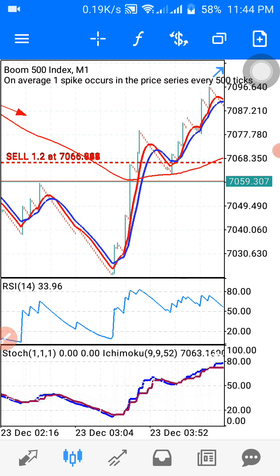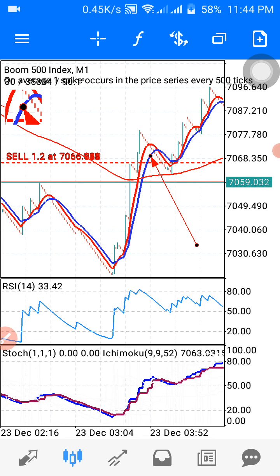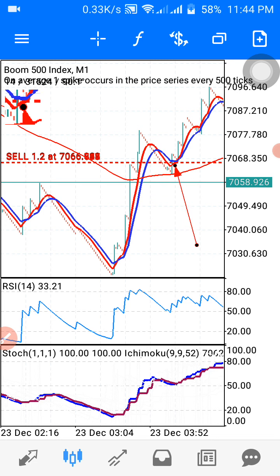You will notice that as the trend has come down to this point, then we have candlestick spikes that will go above the moving average 200. The spike will go above it, then it will retest. Okay, then it will start going up.